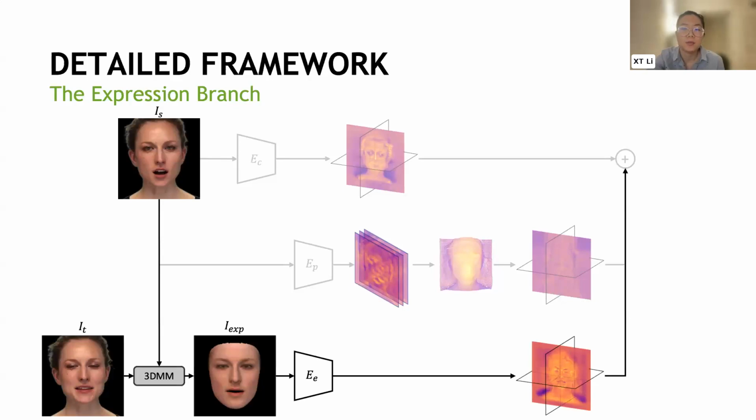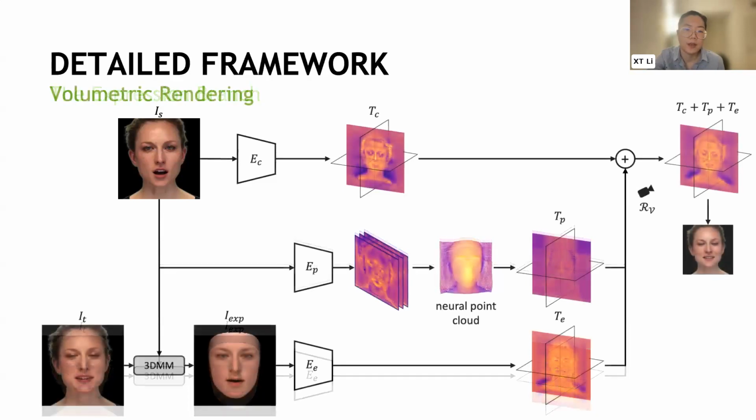And we also target to model the expression. So we propose a third branch, which is called the expression branch. In this branch, we use an off-the-shelf 3D morphable model to render a frontal view image. This image has the identity from the source image and the expression from the target image. Then the expression encoder takes this frontal view rendering as input and outputs an expression triplane.